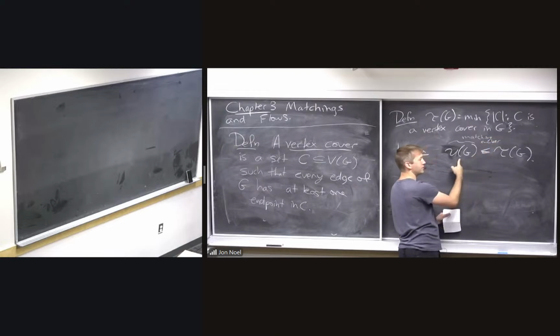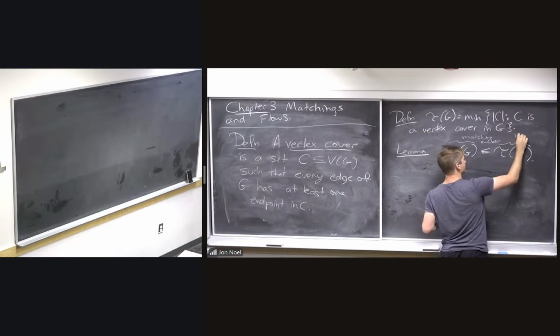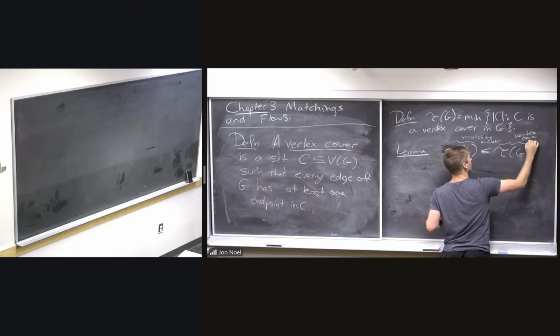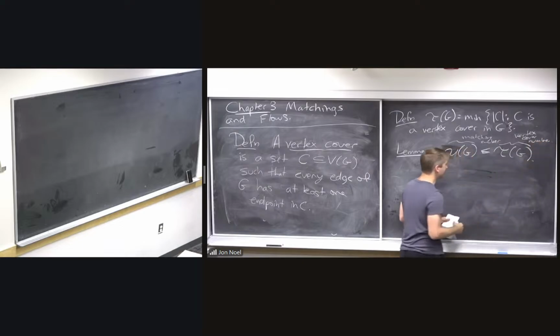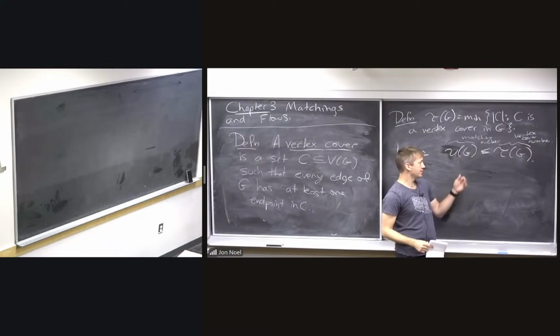So nu of G is the matching number. This is the vertex cover number. Basically, this gives you an upper bound on the matching.